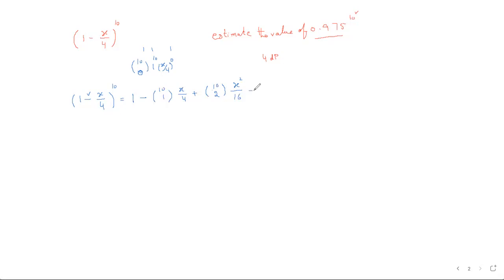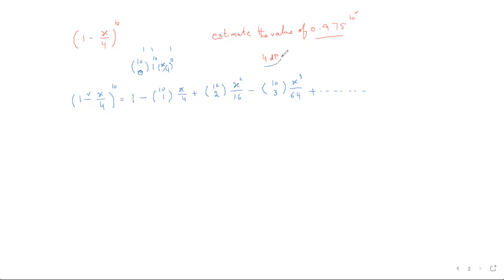Then the next term will be negative, 10 times 3, and over here it will be x cubed divided by 64, 4 to the power 3. And then there will be other terms, and the total will be 11 terms in this expansion.